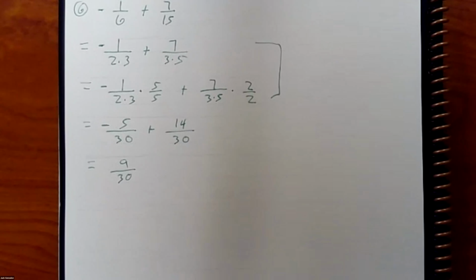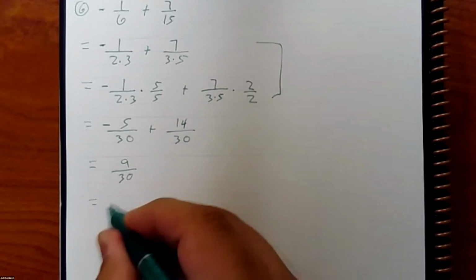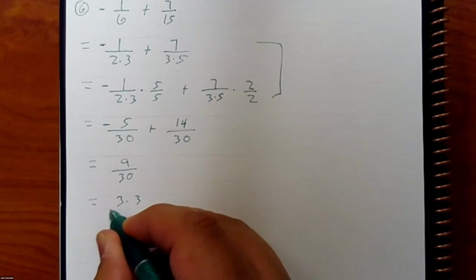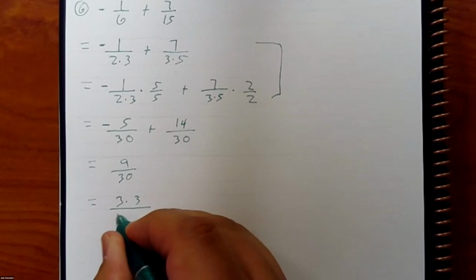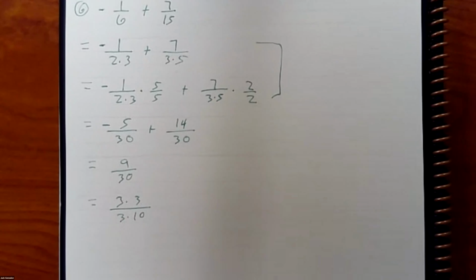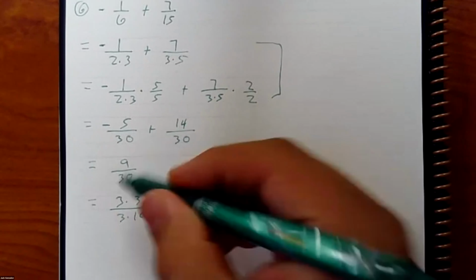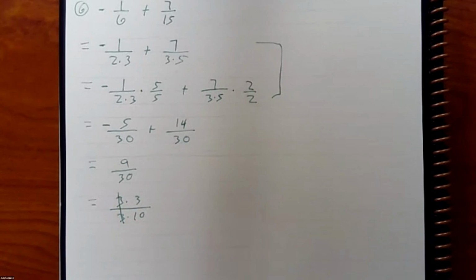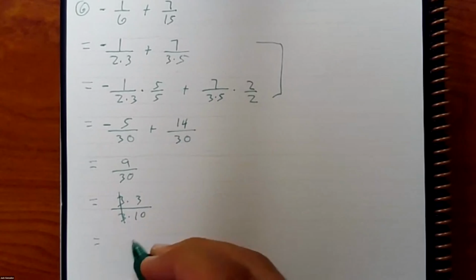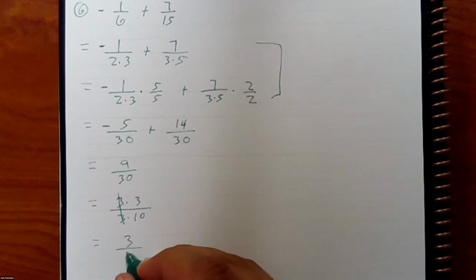Yeah, that simplifies to what? If you don't see it, break the 9 and the 30. 3 times 10 is 30. 3 times 3 is 9. And that's it.